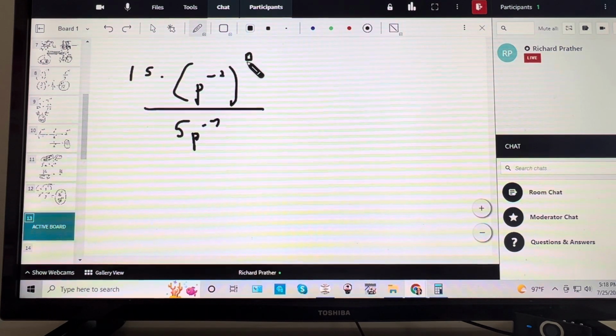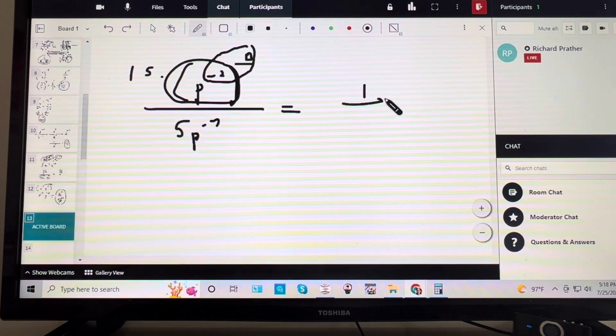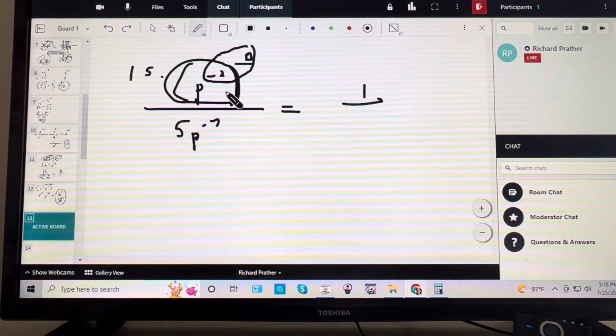So you could do a rule of exponents and say, okay, this is when I multiply, but 0 times anything is 0, and then you'd have p to the 0, but anything to the 0 is 1, so whether you do it as p to the 0, or whether you just say this entire thing with a parenthesis to the 0 power equals 1. We had one of those earlier too. So with a parenthesis, everything in there just automatically equals 1.